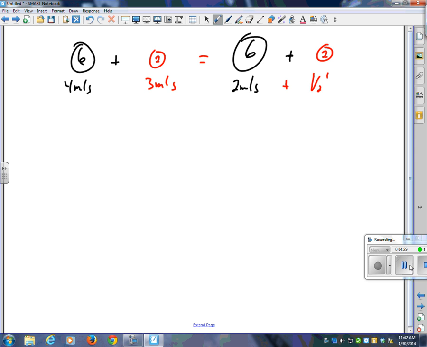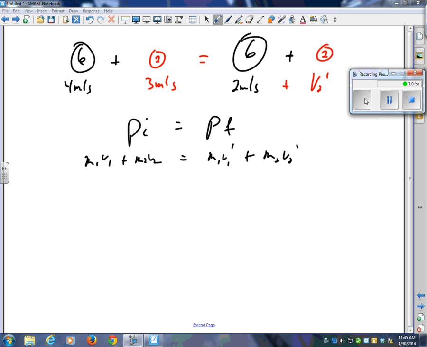Okay, so PI is equal to PF. M1 V1 plus M2 V2 is equal to M1 V1 prime plus M2 V2 prime. All right, here we go. M1 V1 is going to be 6 times 4. M2 V2 is going to be 2 times 3.